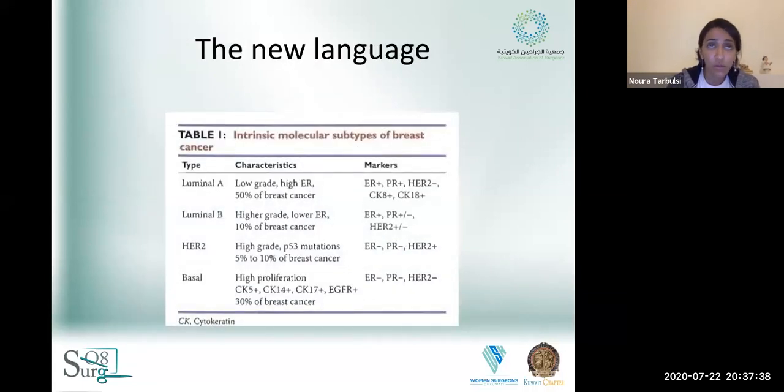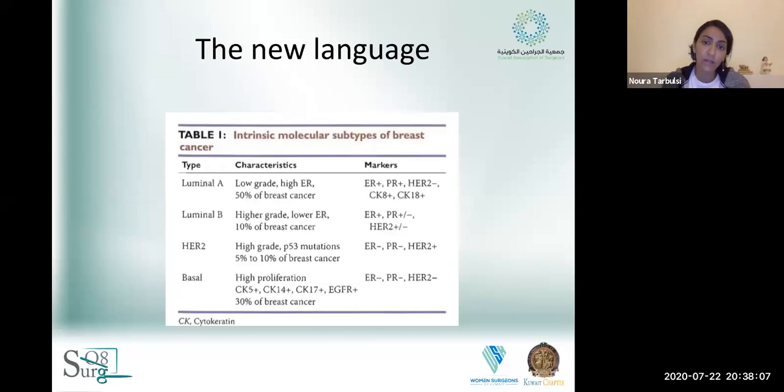The new language for understanding breast cancer is the molecular subtypes. Luminal A is the most common, ER/PR positive, HER2 negative, and it's usually in older women. Luminal B is higher grade. It's ER positive, PR could be positive weakly or negative, plus or minus HER2 could be positive or negative.